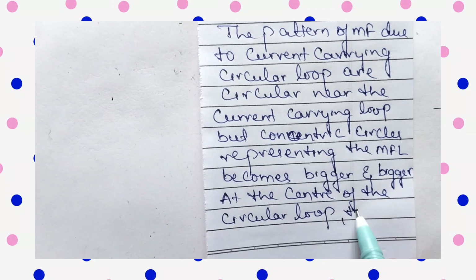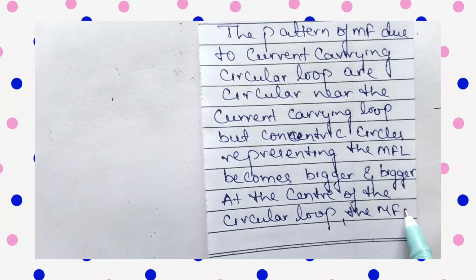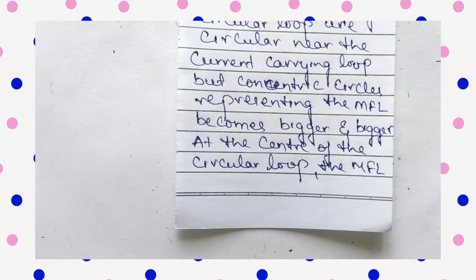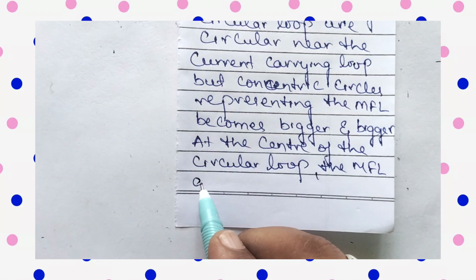At the center of the circular loop, the magnetic field lines are straight.